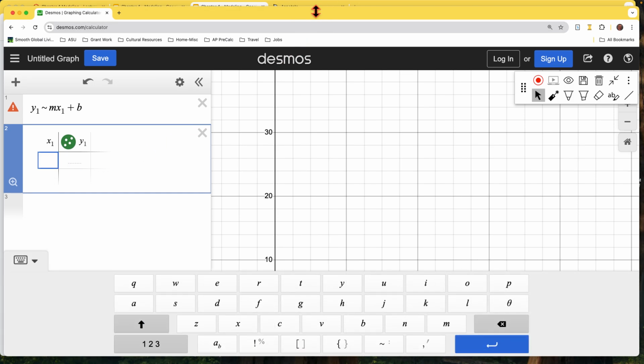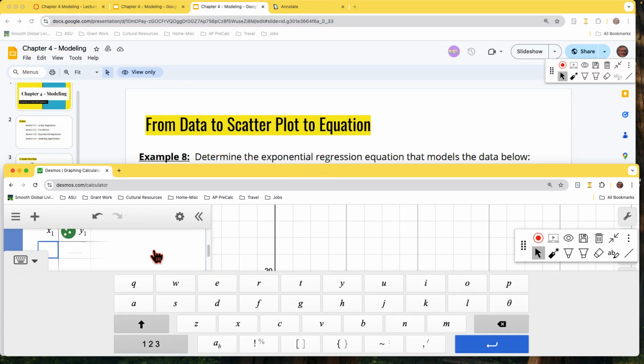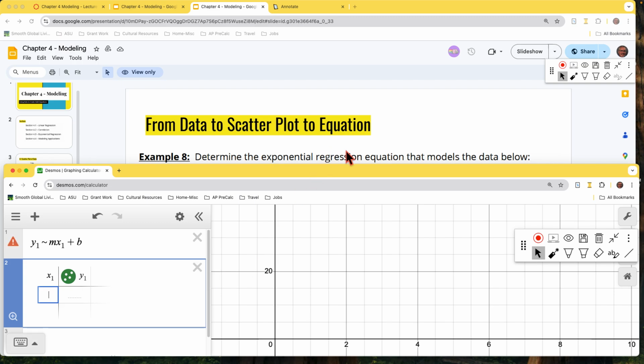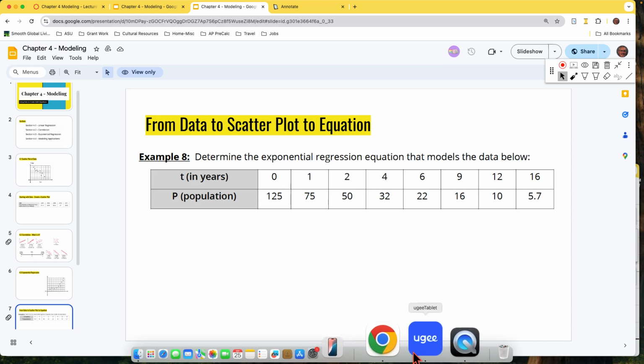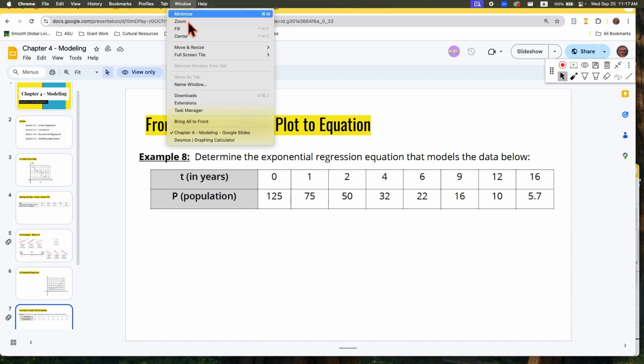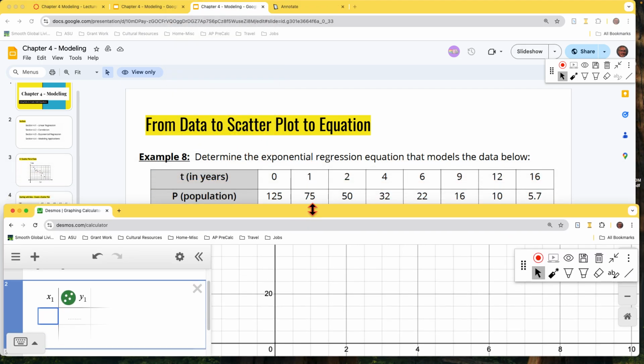I can move my windows around so I can see what my data was. Let's see if I can get it all in here. So we'll put in 0, 1, 2, 4, 6, 9, 12, 16.